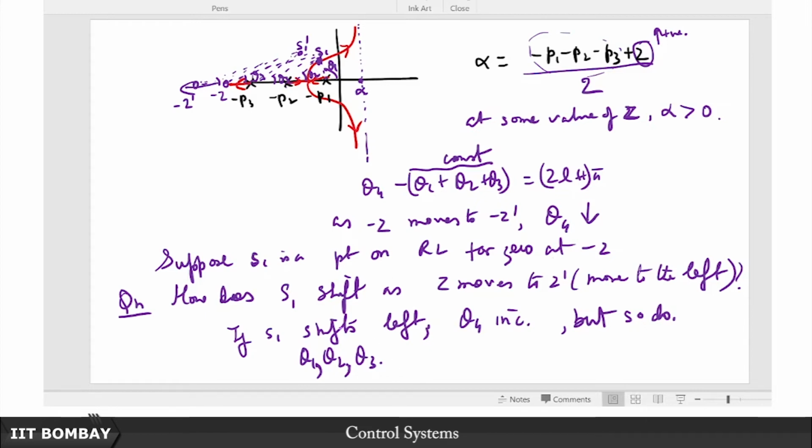But notice, if you consider a point to the left of S1, say S1 dashed, then it is true that theta 4 decreases and potentially we can still meet this angle criteria, but so do these fellows, right?